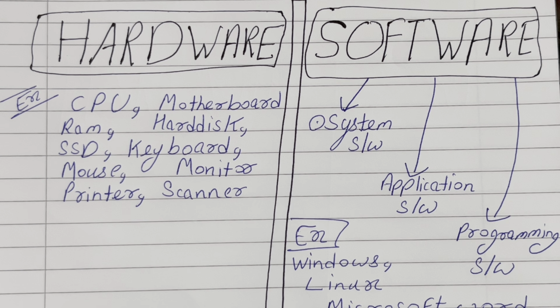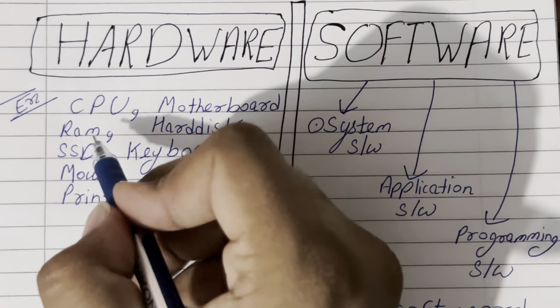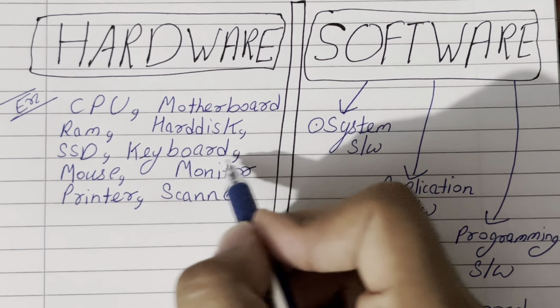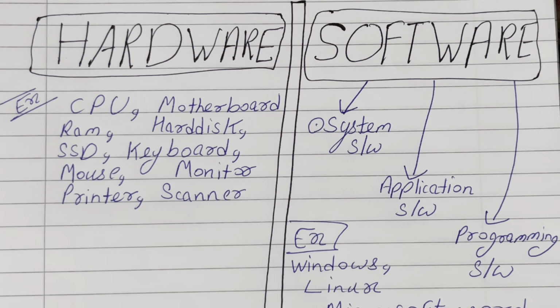Hardware itself cannot decide what task needs to be performed. It requires software to provide the necessary instructions and control its operations. Examples of hardware are CPU, motherboard, RAM, hard disk, SSD, keyboard, mouse, monitor, printer, and scanner. I already explained them in my previous videos. You can check them.